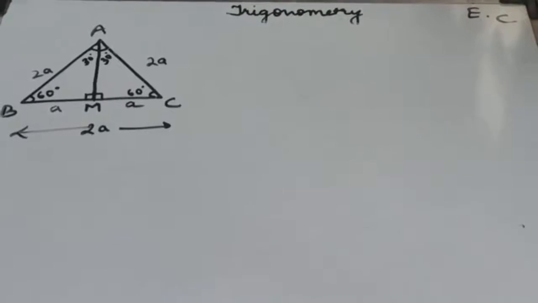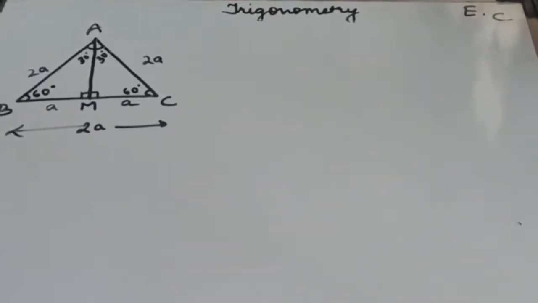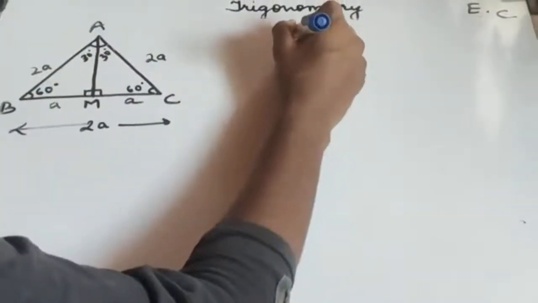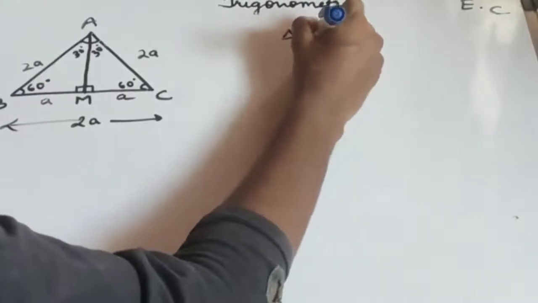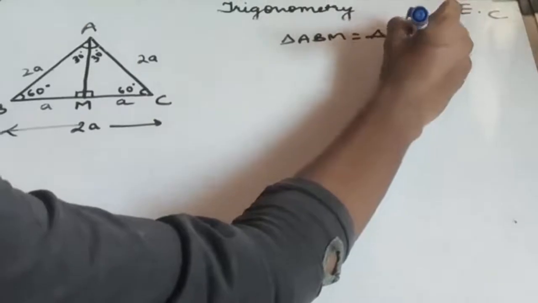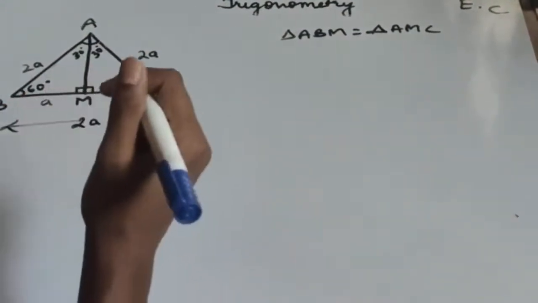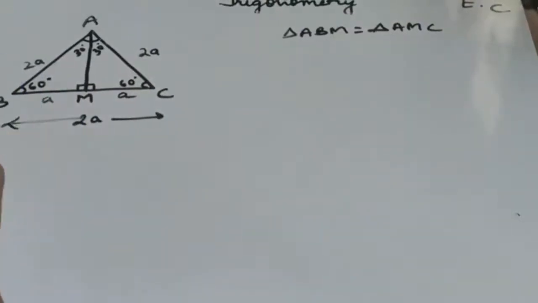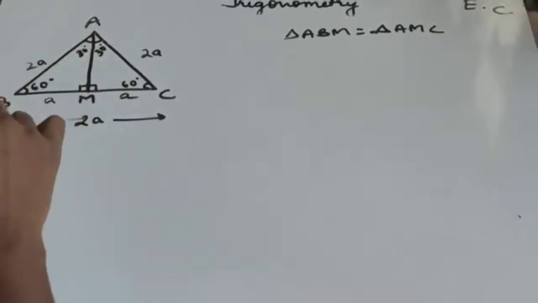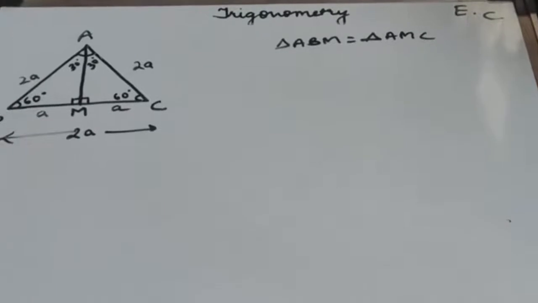Okay, so now let's try and find out the unknown length AM. We know that triangle ABM is equal to triangle AMC. I'm not going to explain how by writing it on the board, but in a sneak peek I will tell you both these triangles are equal because all the three angles are equal.